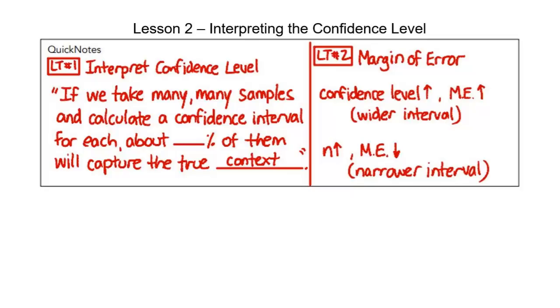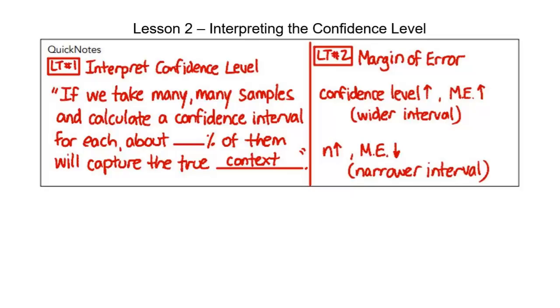And then this is what we just saw with our margin of error. As the confidence level goes up, the margin of error goes up. We have a wider interval. As n goes up, as our sample size goes up, the margin of error goes down. So we end up with a narrower interval.